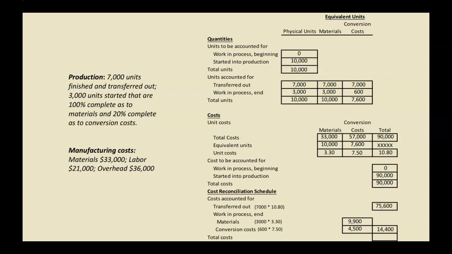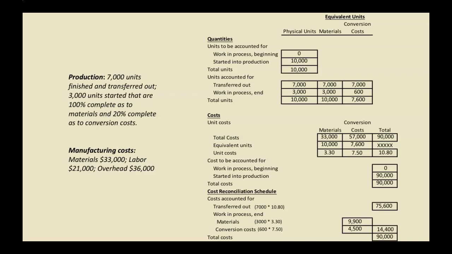$14,400. Then we have one final line, right? Our total cost line. So we take the 75,600, add in the 14,400, right? The cost from our transferred out plus the cost from our ending work in process, and we get $90,000.